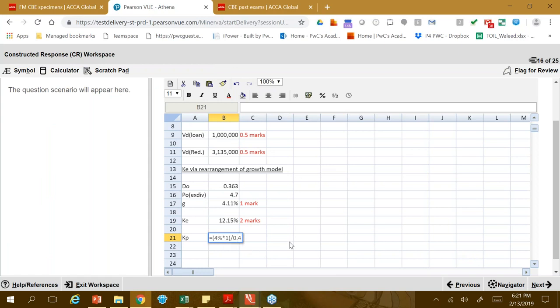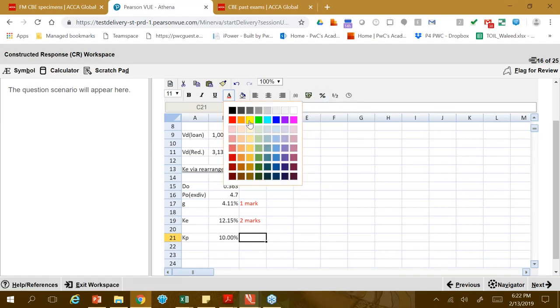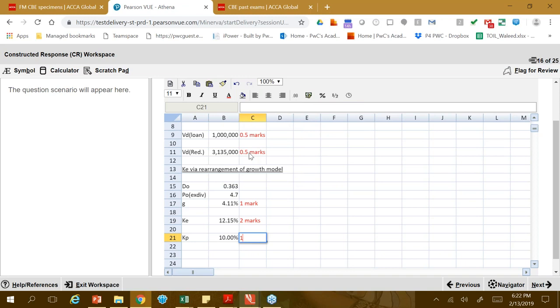And this will simply give me the KP, which is fixed dividend over the market price. This will come out to be 10%, and this 10% will give me another mark here. So 1 mark for it. So that's it on the KP.